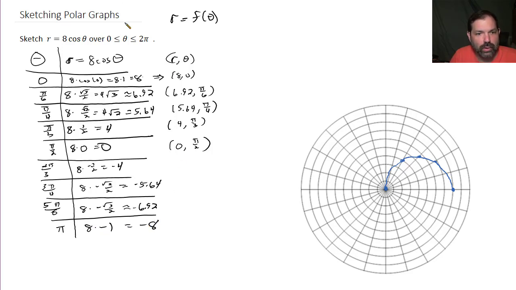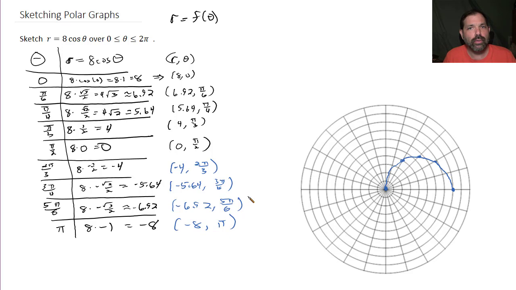All right, so now let's plot those points. Remembering that this means the point (negative 4, 2 pi over 3), (negative 5.64, 3 pi over 4), (negative 6.92, 5 pi over 6), and (negative 8, pi). Remember that a negative r value means that you flip or you walk backwards, however you want to think about it. So for 2 pi over 3, here's the 2 pi over 3 radius, but I need to walk 4 steps backwards, which brings me to here.